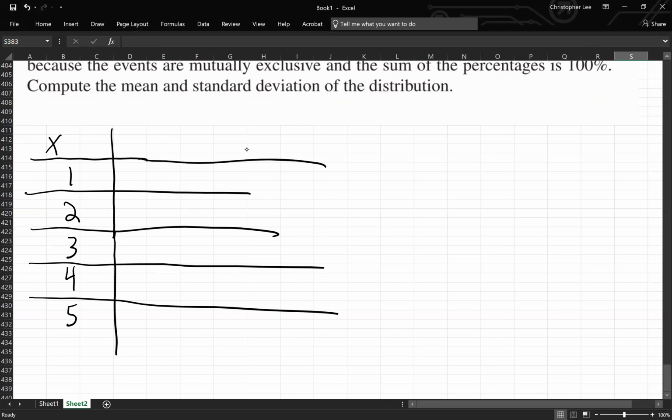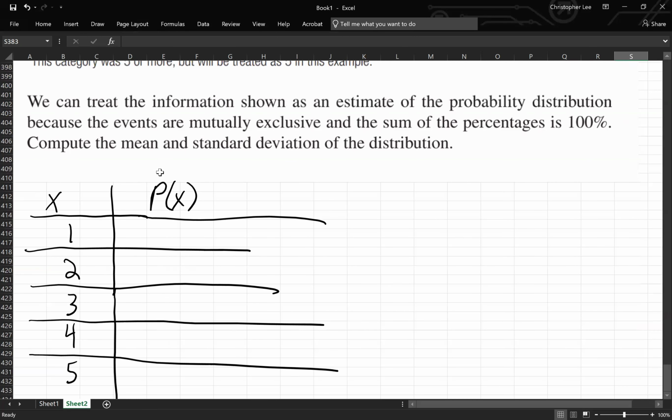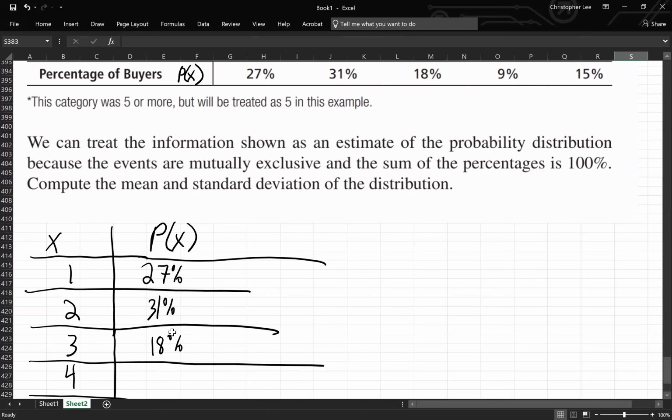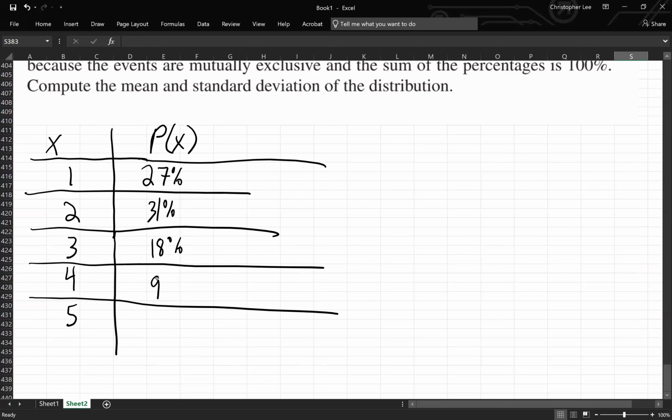And then I'm going to call this P of X, and I'm just copying down the percentages here. So this is 27%, 31%, 18%, 9%, and 15%. All I was doing here is just copying. Very simple.